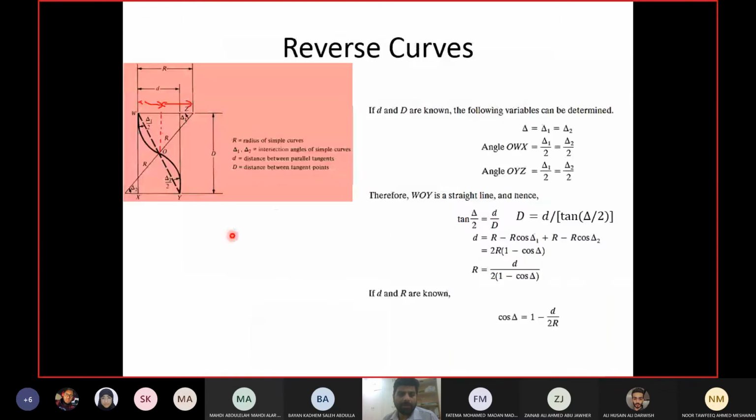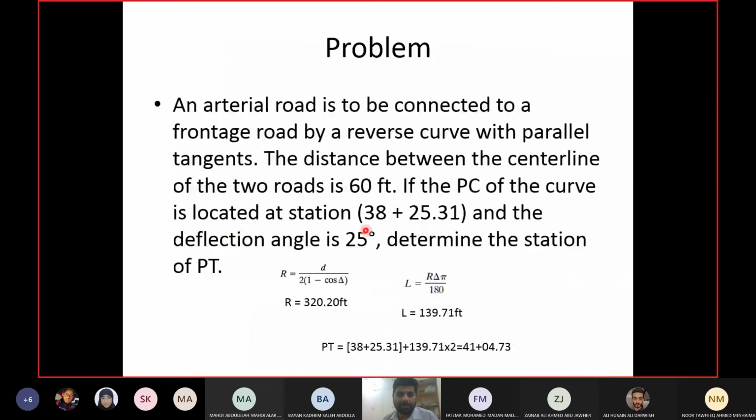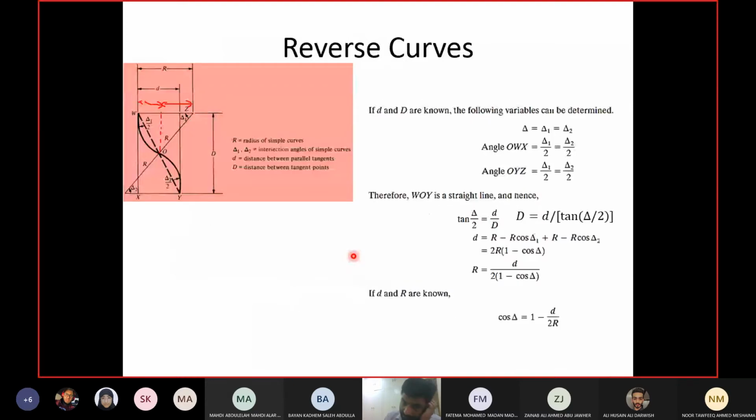Now if you come to this question, delta is given, 25 degrees. I need R. R for a reverse curve can be found from one of these equations. So delta is given. If I have d, then I can find out R. Now what is d? d is the shift in the alignment, right?